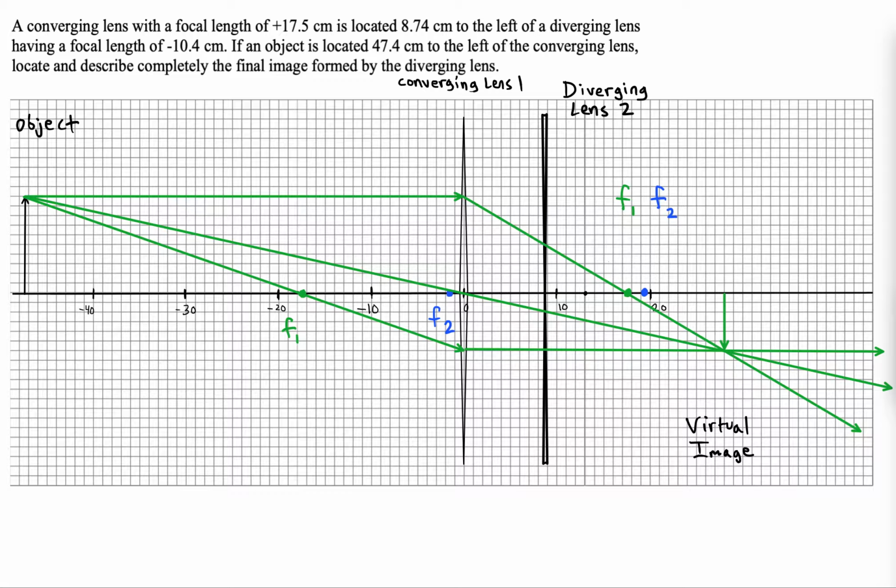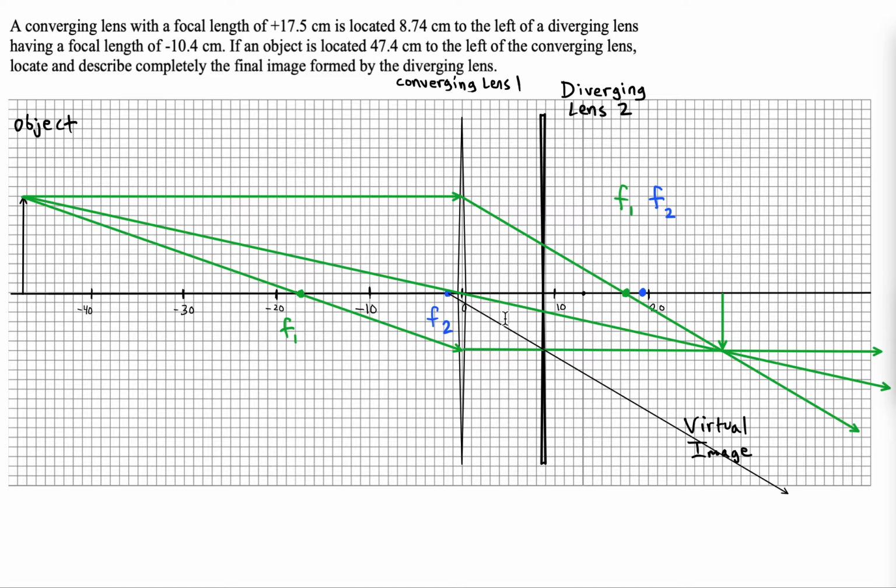That ray is headed into a diverging lens. But we know what happens when parallel rays come into a diverging lens. They'll want to diverge from the focal point of that lens. So what I want to do is start from the focal point F2 and let that ray which is coming in parallel there diverge.